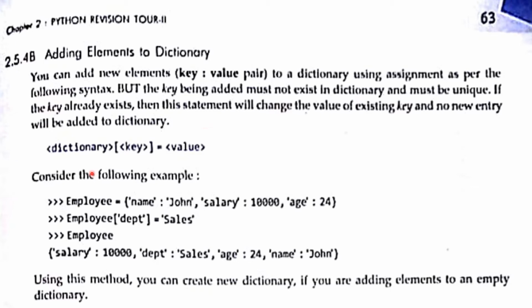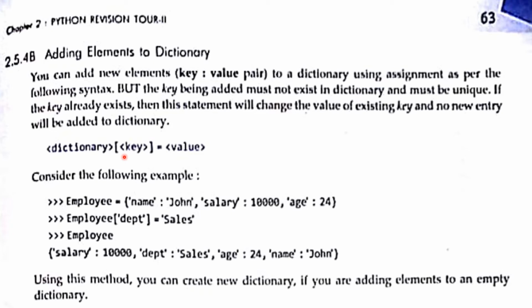It means that no duplicate key can be assigned. If you put the key which is already there, then the value of the same key which is already present will be changed, but no new key will be added in the dictionary.